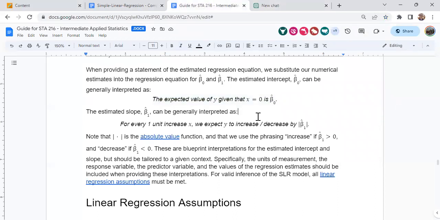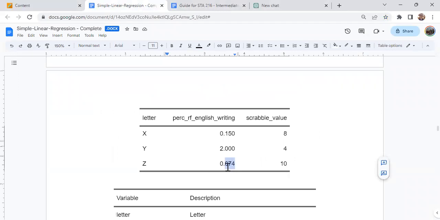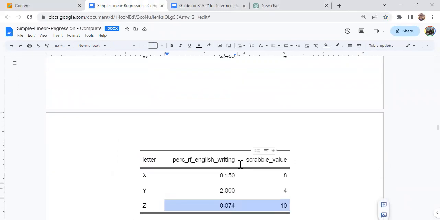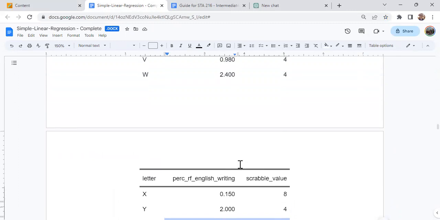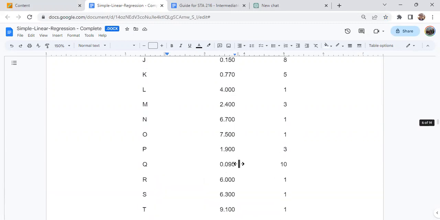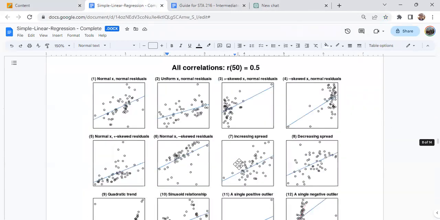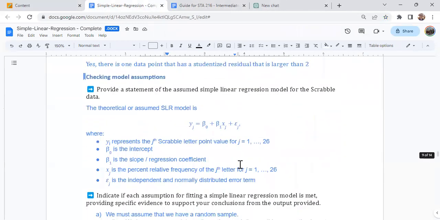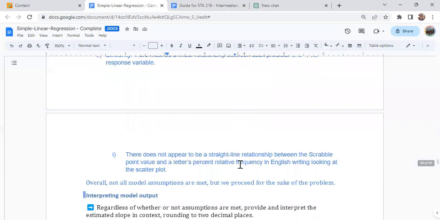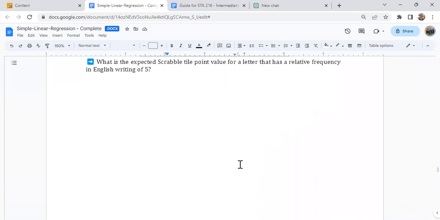So extrapolation means getting a predicted value that's outside the range of your observed X's in your data set. And in general, it's not a good thing to do. You can't rely on estimates that are obtained that way. Certainly, in my opinion, I don't think it's necessarily a hard line drawn in the sand.